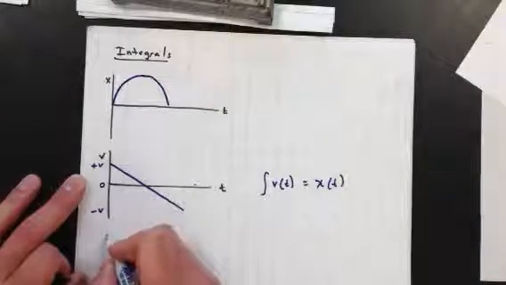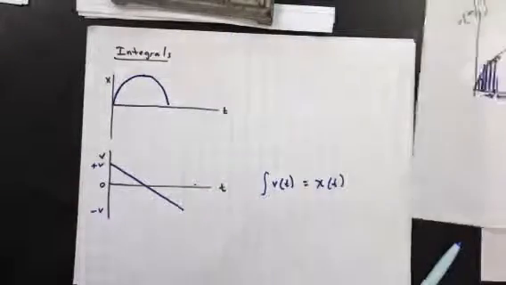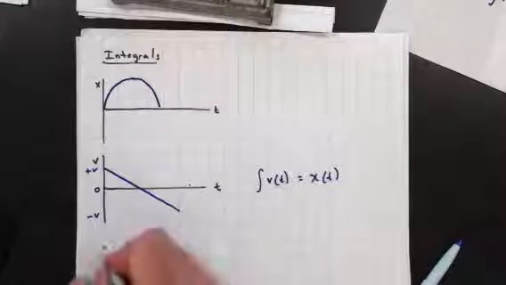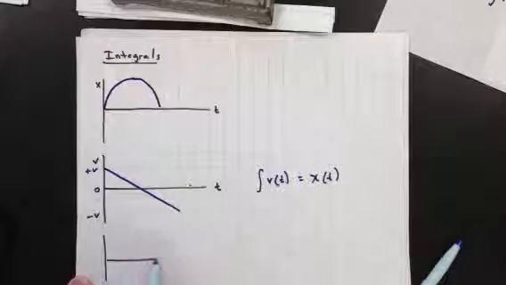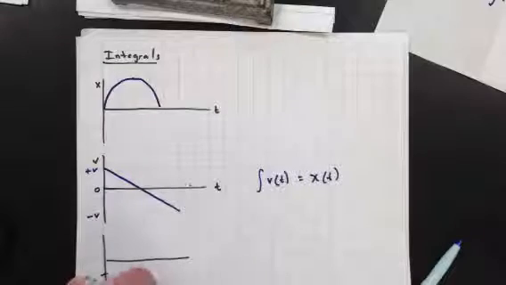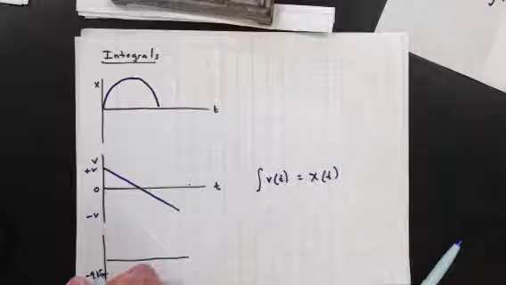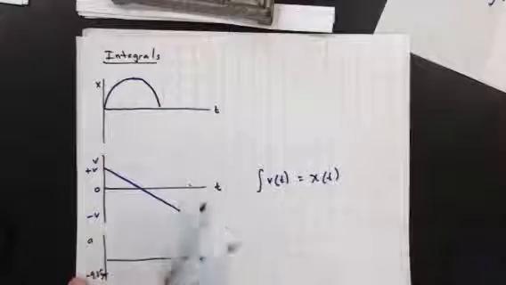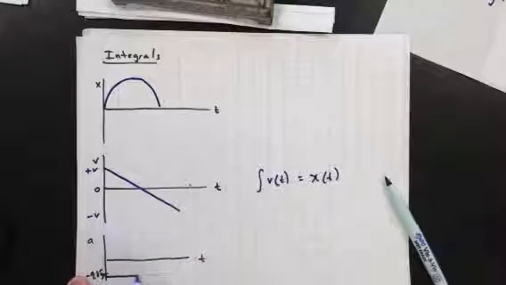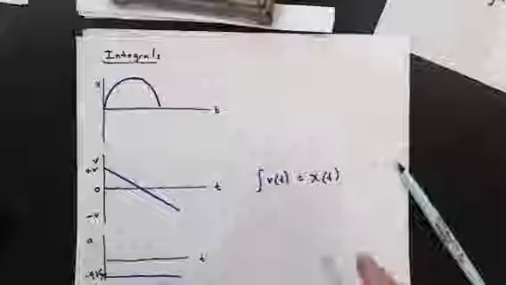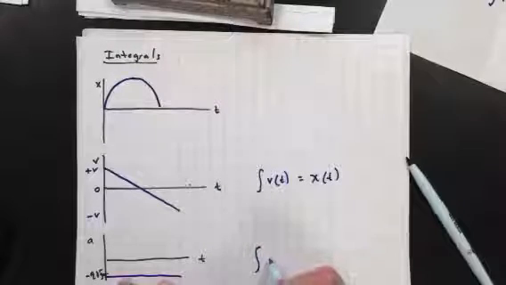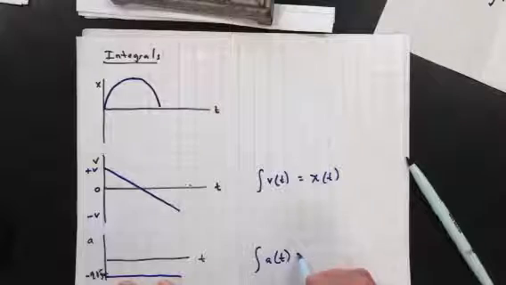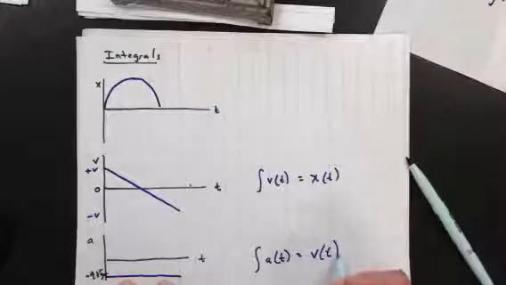And if we take that one step further here and draw our acceleration as a function of time graph, this is clearly a negative 9.8 meters per second squared acceleration graph. That's constant because gravity. But the integral of the acceleration as a function of time will give us velocity as a function of time.